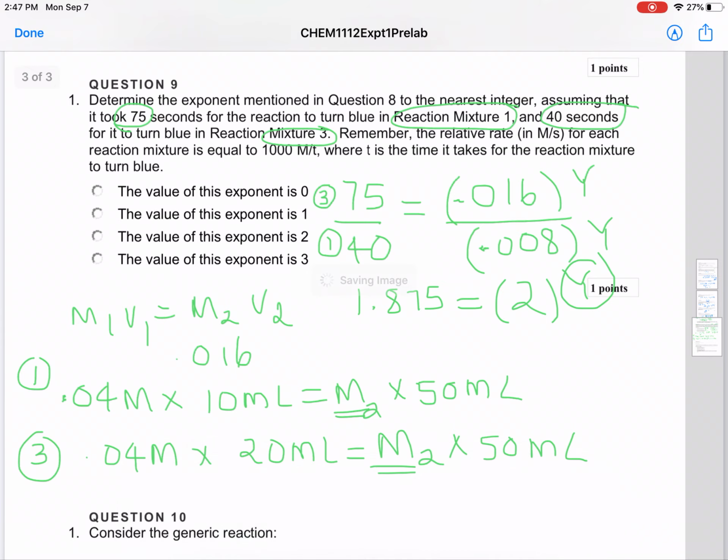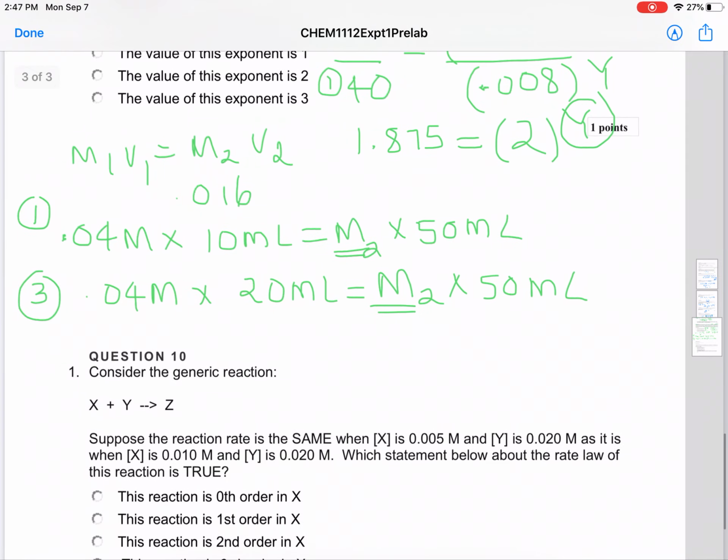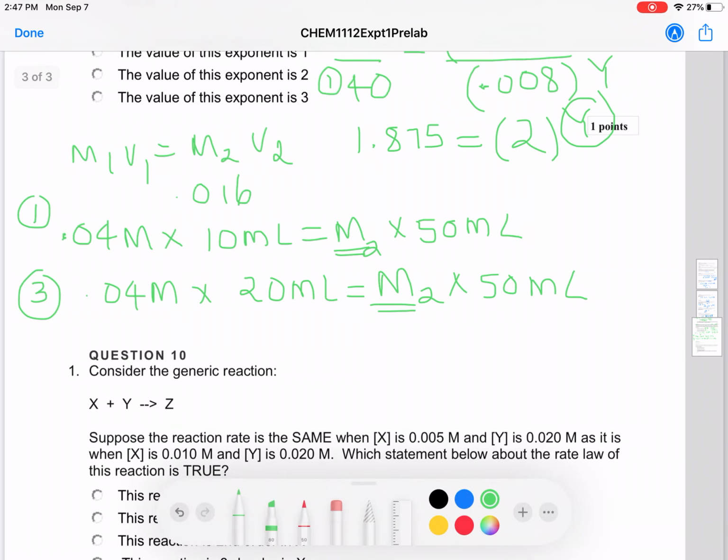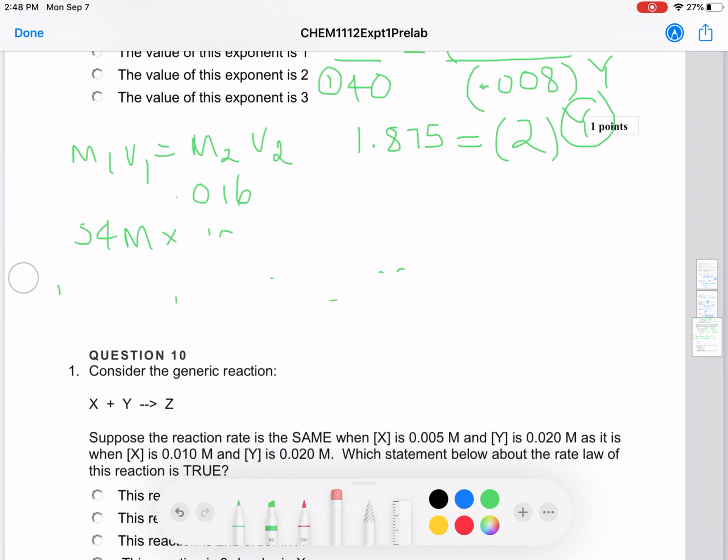So how do we find the exponent? Let me show you how to find the exponent.